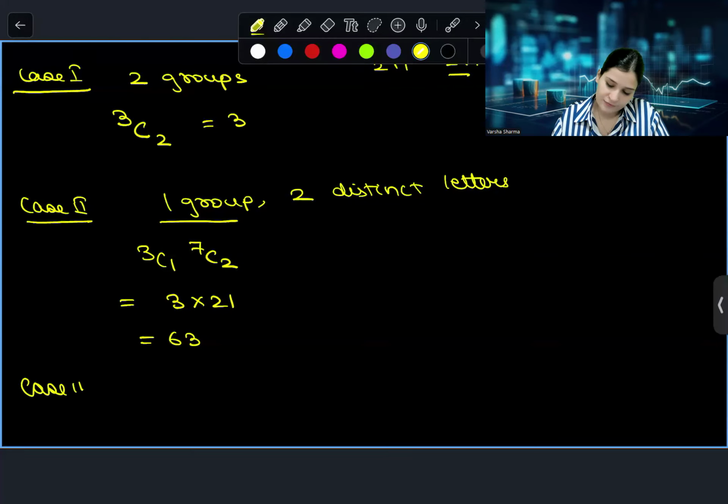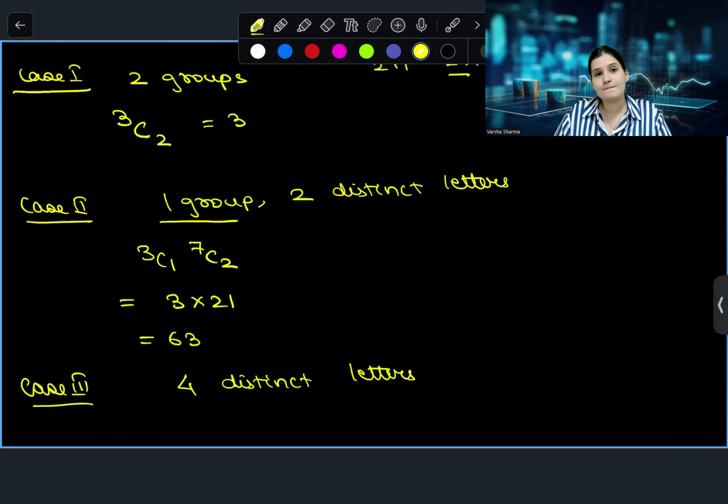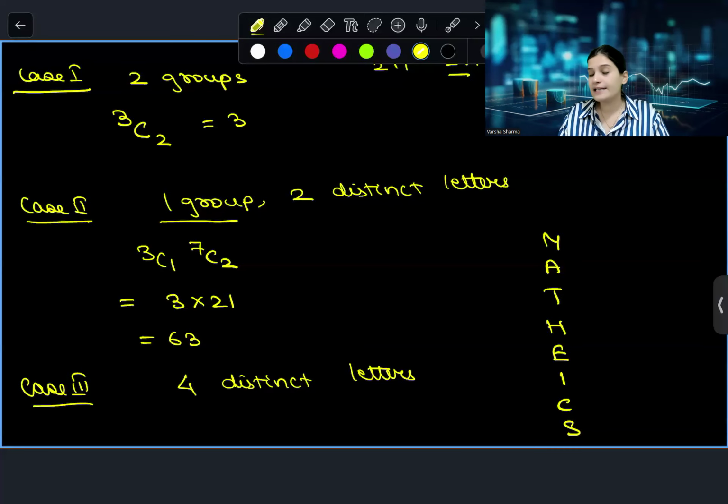Case 3. All 4 distinct separate letters. Can you tell me what this will be? I have N, A, 8, 3, 4, T, H, E, I, C, S. I have these 8 single letters.